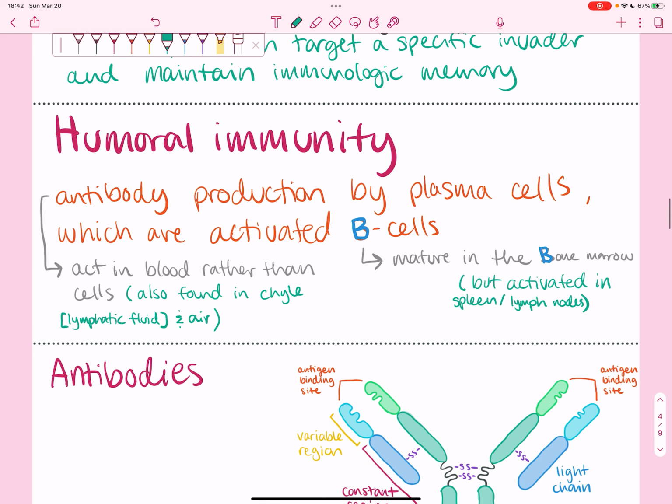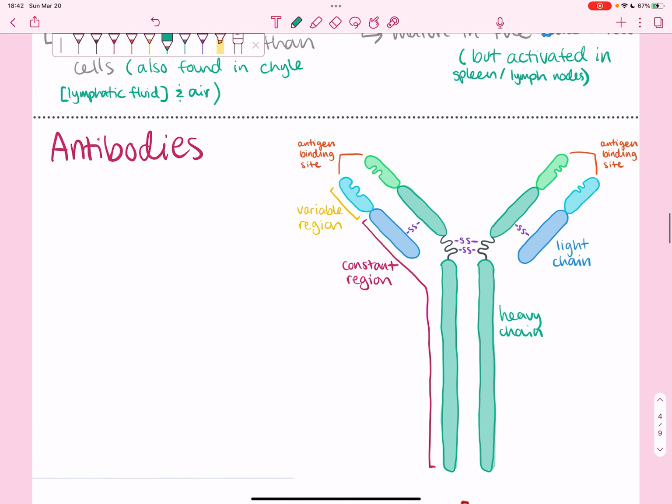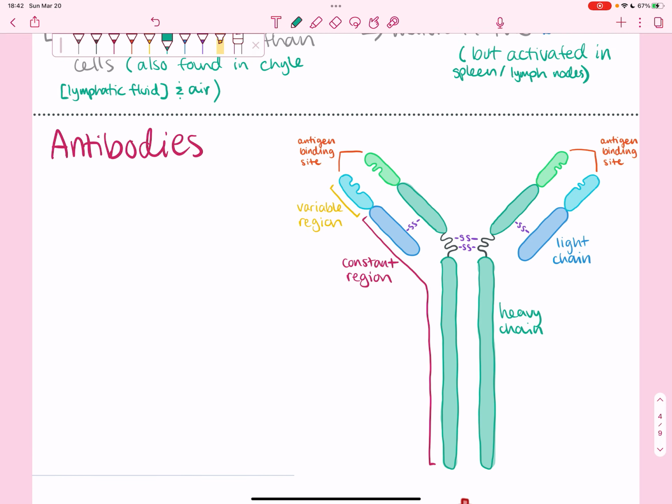Okay. More on antibodies right now. So I have this labeled diagram of an antibody. So antibodies can also be called immunoglobulins, shortened to Ig, and I'll write that out in, let's do purple.